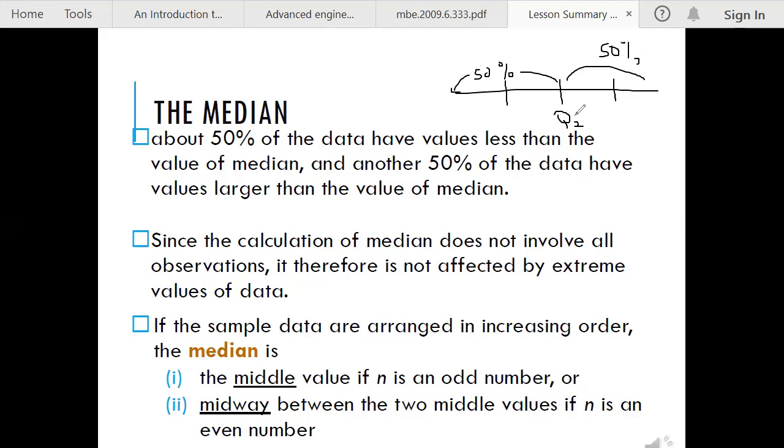So Q2 is your median, and then we have Q1, the first quartile, and Q3, the third quartile.